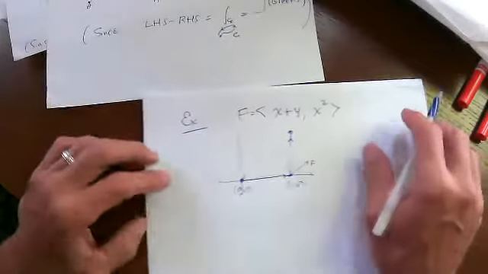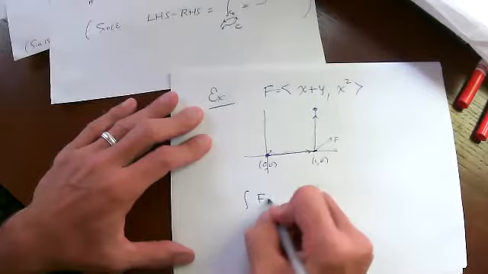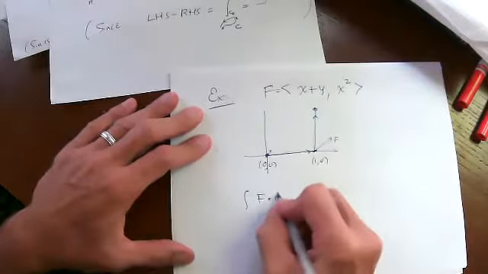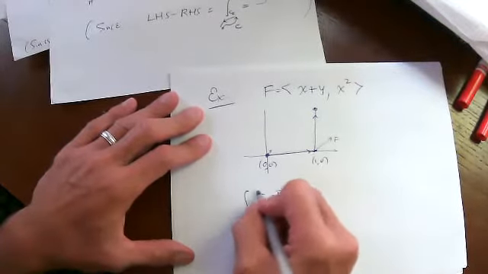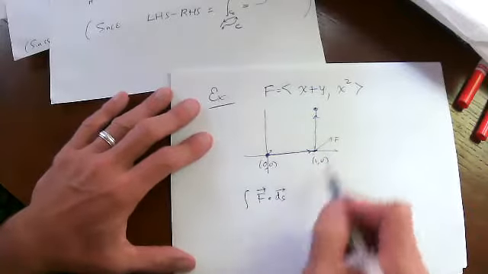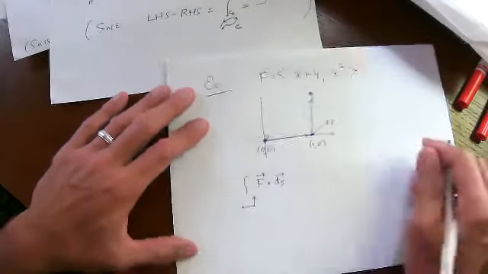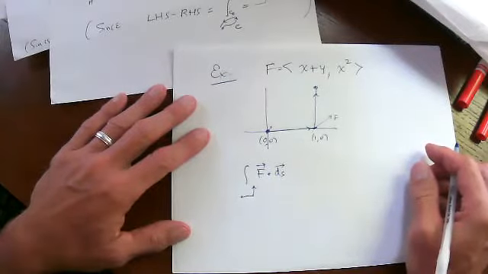And it's a line integral. So the work that's done would be an integral of this vector field integrated against this path. So here's the curve C that I had in my previous illustration.